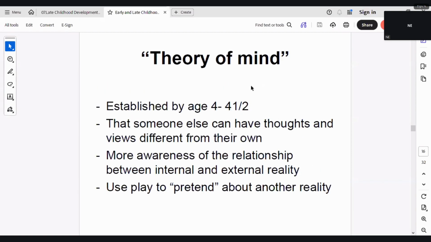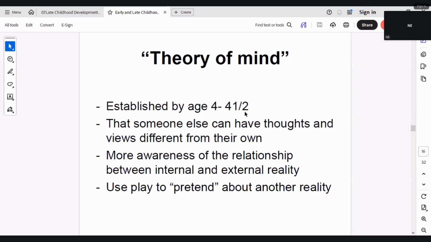We talk about theory of mind, and that's usually established by around age 4.5, and this is when they come to the realization that other people have thoughts that are different from their own. Remember when I showed you the video of that young boy where the interviewer was sitting across from him and asking him what it is that he sees from his side?